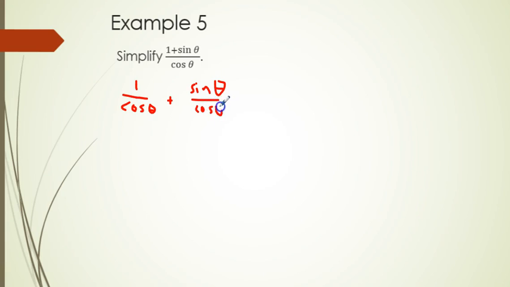Now when I had this combined, I didn't see any identities I could apply to make things cancel out. But looking at this as 1 over cosine of theta, this one I recognize from the reciprocal identities. That's equal to secant of theta. And separately, sine over cosine matches our definition of tangent of theta.